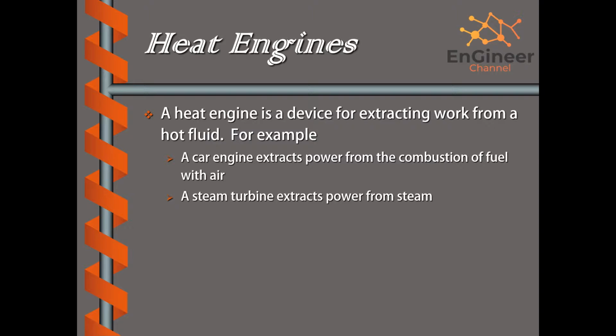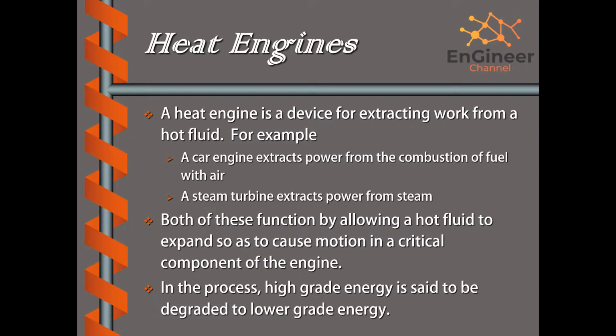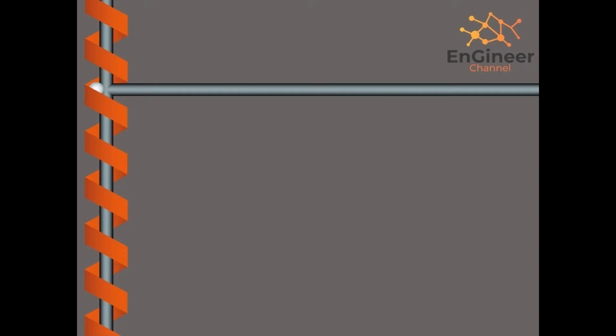A steam turbine extracts power from steam. Both of these function by allowing a hot fluid to expand so as to cause motion in a critical component of the engine. In the process, high-grade energy is said to be degraded to lower-grade energy.